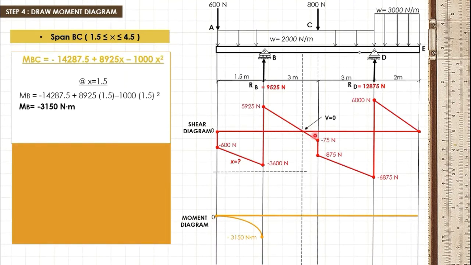Therefore, we will be using the shear equation from span BC, which is equal to 8,925 minus 2,000x. Computing for the value of x, we get 4.4625 meter. Therefore, the location of this point is equal to 4.4625 meter from the point A.